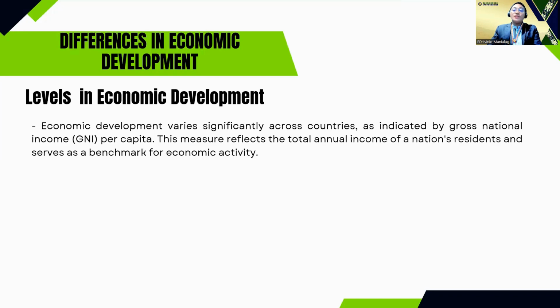So for the gross national income or GNI per capita, the GNI per capita is actually a critical measure that represents the average income of a country's citizens. It's used to categorize countries into different economic development levels.